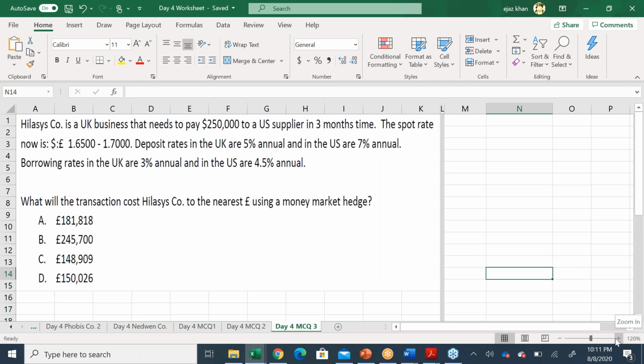Because it's a money market hedge, and money market hedging means you're using banks for short-term investments and borrowings. Therefore, you should be using interest rates.